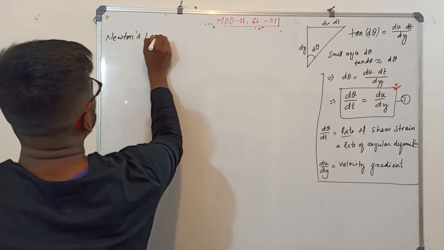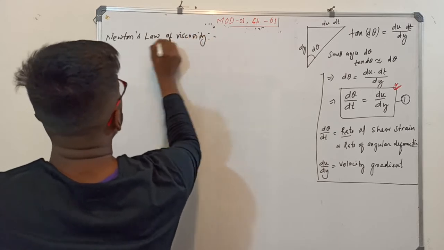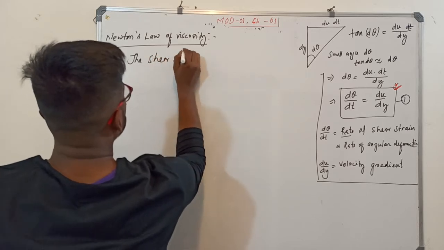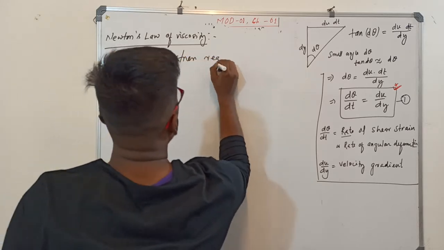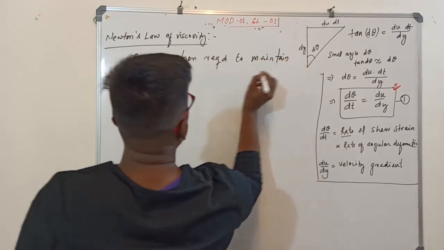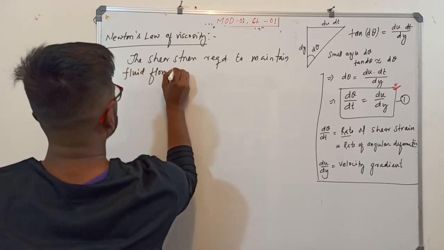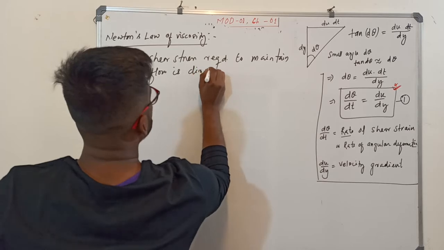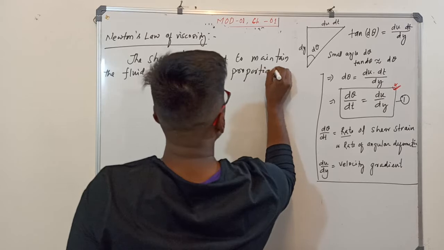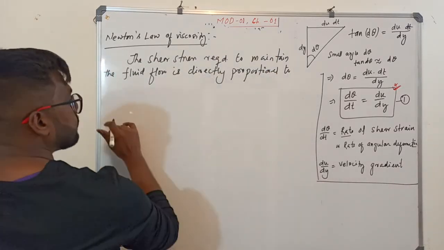Newton's law of viscosity. What did it say? The shear stress required to maintain the fluid flow is directly proportional to rate, बहुत क्वेश्चन आता है न्यूटन्स लॉ ऑफ विस्कोसिटी से, so many questions come.